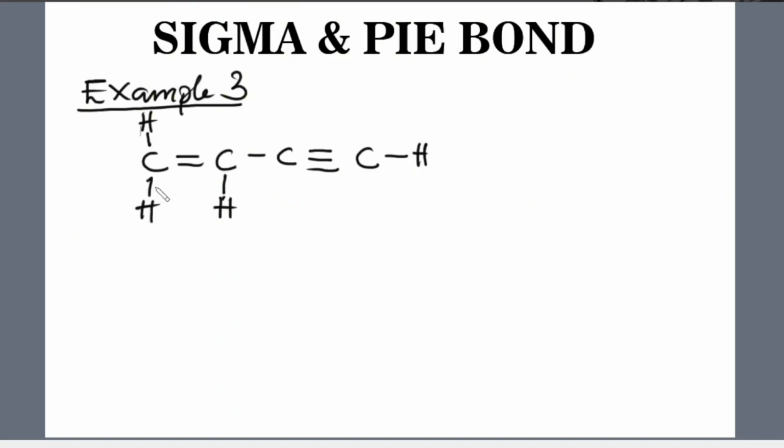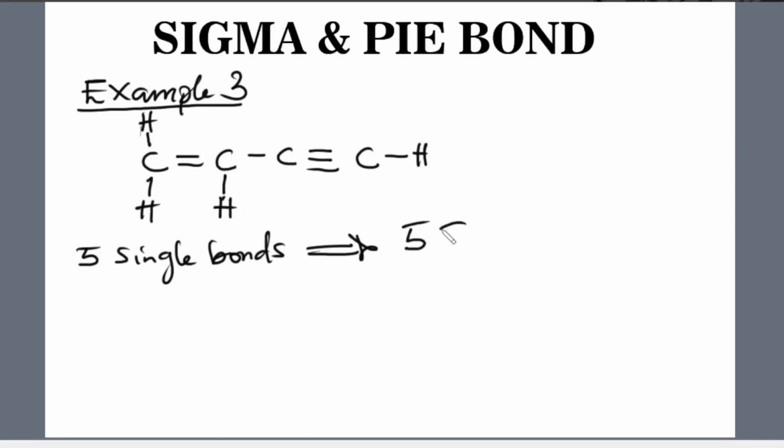Now, let's count the number of single bonds. We have 1, 2, 3, 4, 5 single bonds. And in one single bond, there is one sigma bond and no pi bond. So 5 single bonds give us 5 sigma bonds and 0 pi bonds.